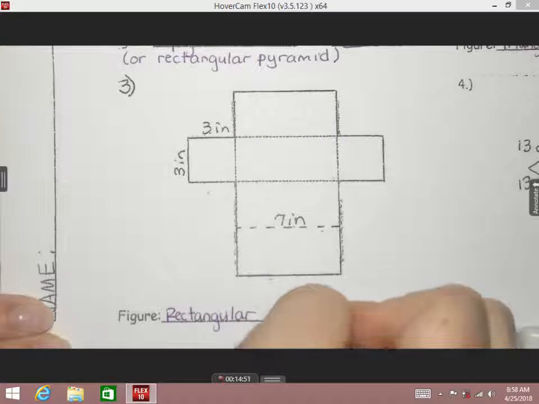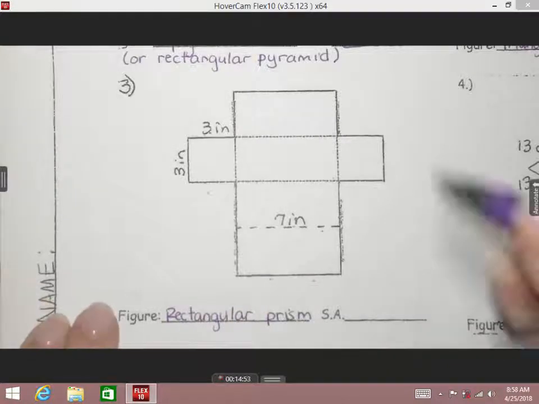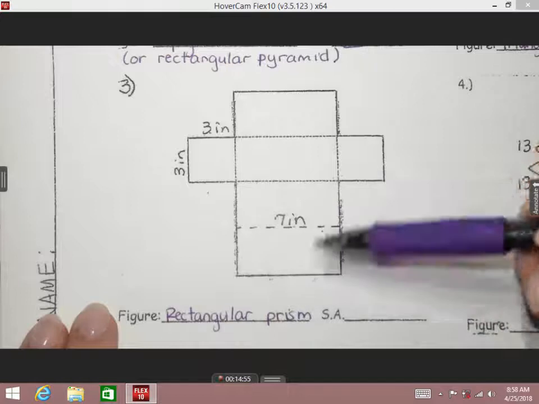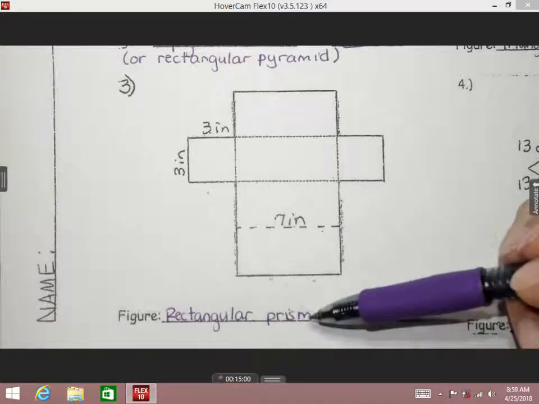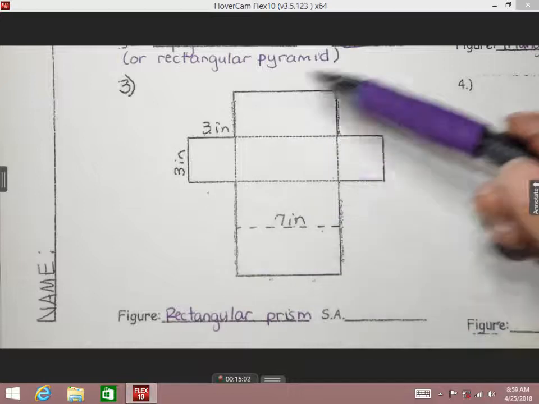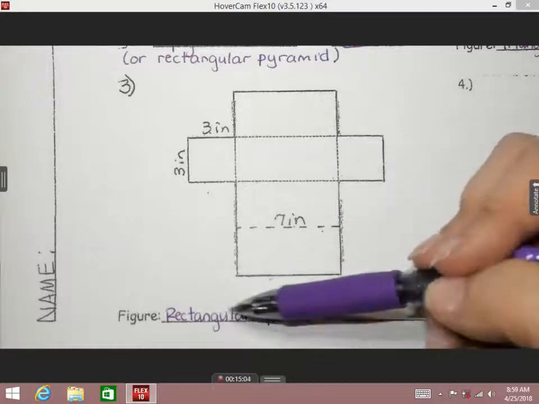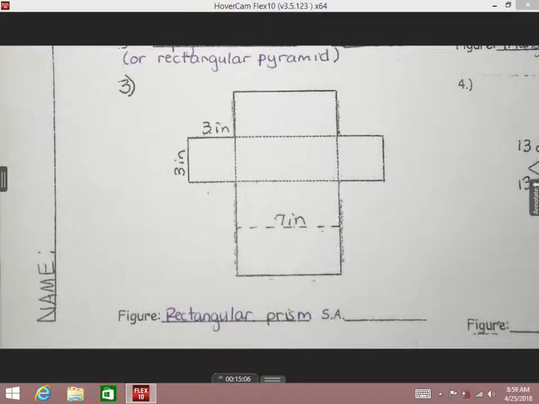I know Michaela and Adriana, y'all weren't in here yesterday. If you'll notice, this has a bunch of rectangles, which makes it a prism. Is there anything besides rectangles? No, so it's a rectangular prism. If it had a lot of triangles, it would be a pyramid, and then you look and see if it has any other shapes.